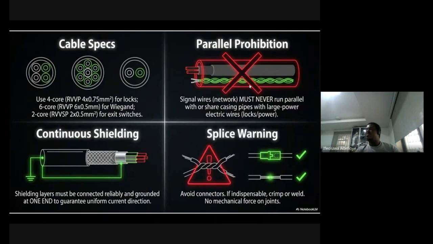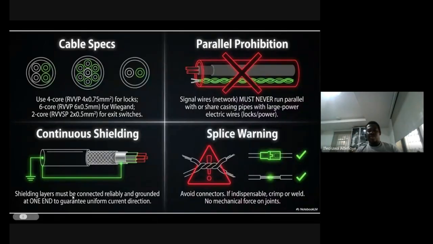This might result in you trying to badge and not seeing the transaction on the software. These are some of the issues that come from running power and network together, right? So avoid the use of connectors, right?